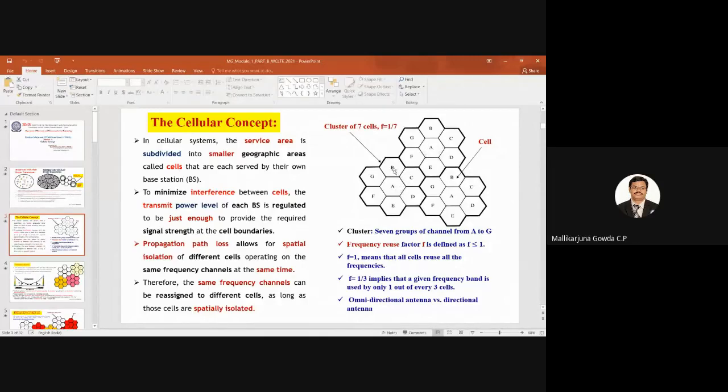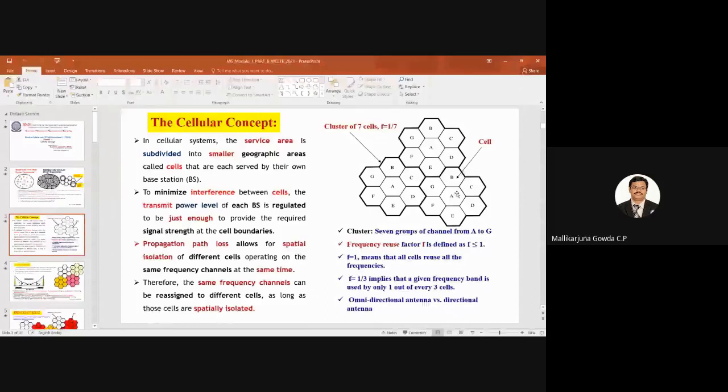The cell named B will be using the same frequency channels in this cluster also. That is why it is named with the same letters A, B, C, D, E, F, G. The cells which are named with the same alphabets will be using the same set of frequencies. That is why we call them co-channel cells.